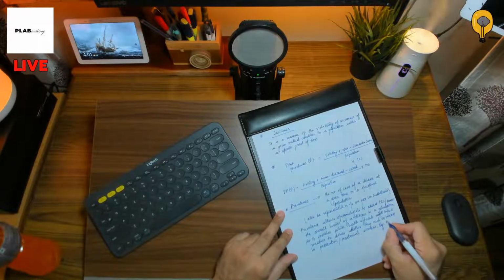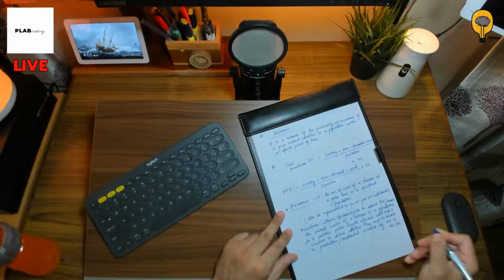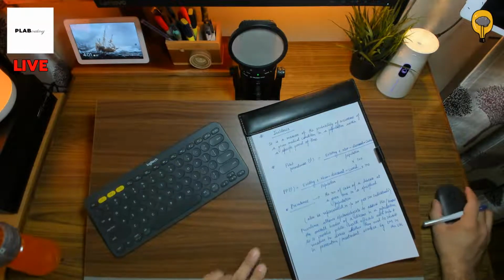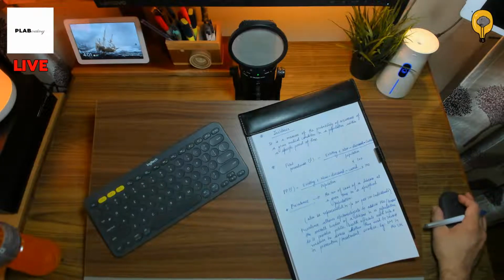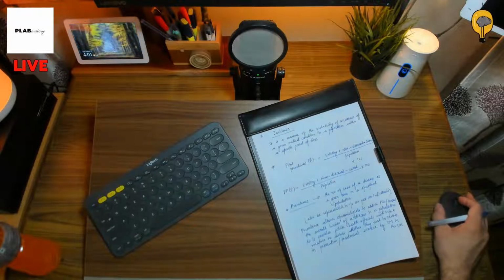Example, diabetes mellitus in the UK. Its prevalence is going high, so it's a worrying trend for public health officials and the government. Now, talking about incidence.